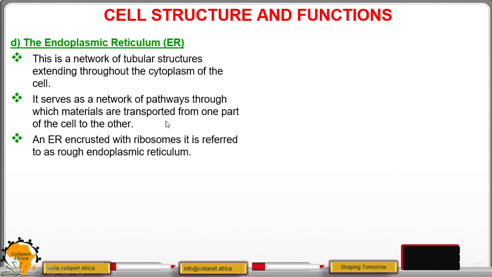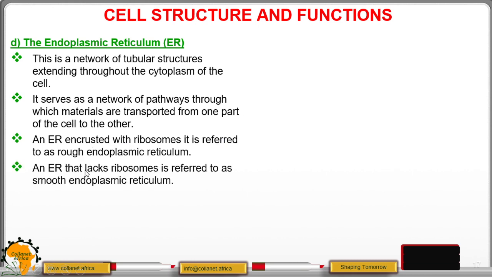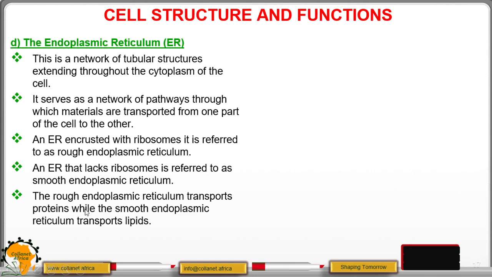And there are 2 types of ER, one with ribosomes, which is called the rough endoplasmic reticulum, and the one lacking ribosomes called the smooth endoplasmic reticulum. The rough ER transports proteins, while the smooth endoplasmic reticulum transports lipids.